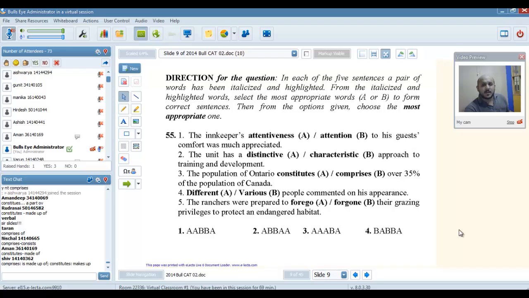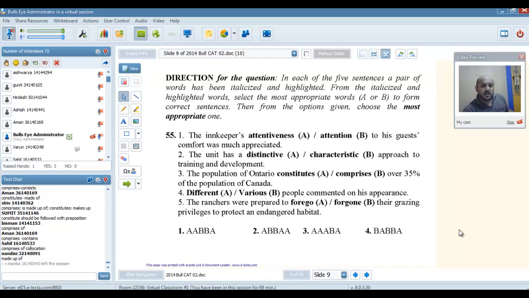We are talking about something which is, I'll translate this into, something which is over 35% of the population of Canada. So what should I use in this case? Since I'm saying over, I have to use constitutes. So that is the word that I would use.